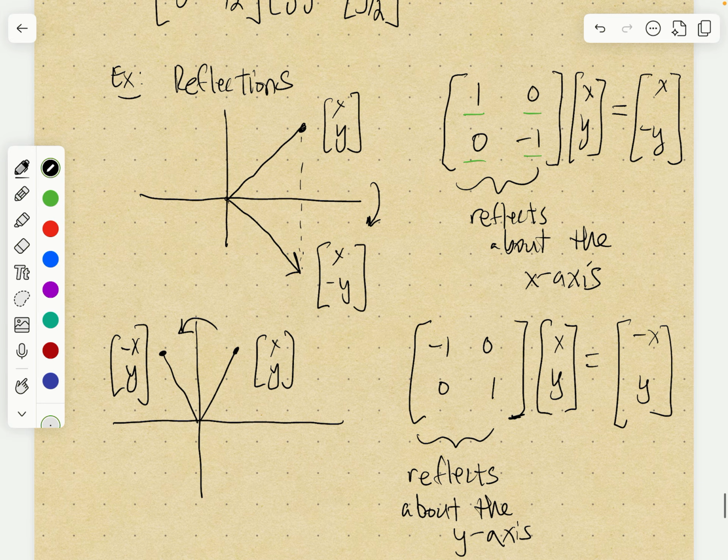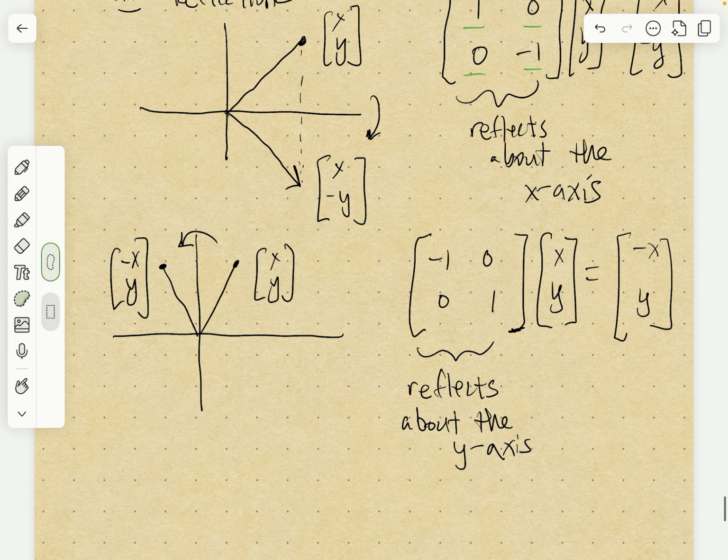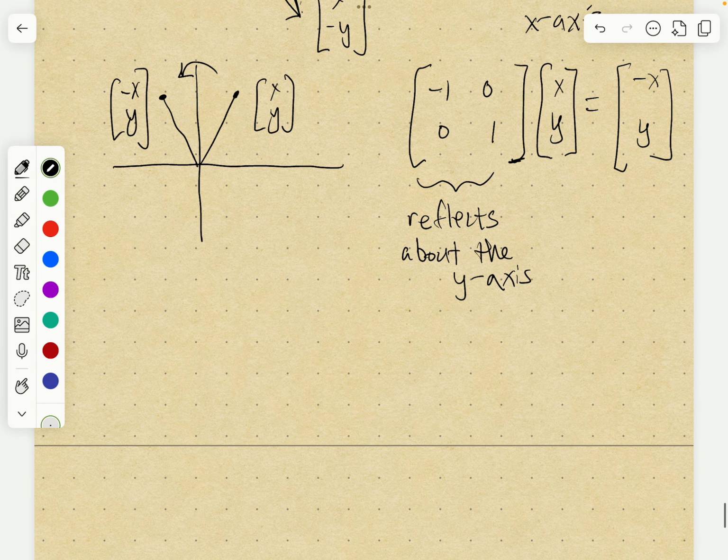And notice that whenever you have a matrix, you can say something about the columns, because the matrix times (1, 0) will give you the first column. Is that something that you know?